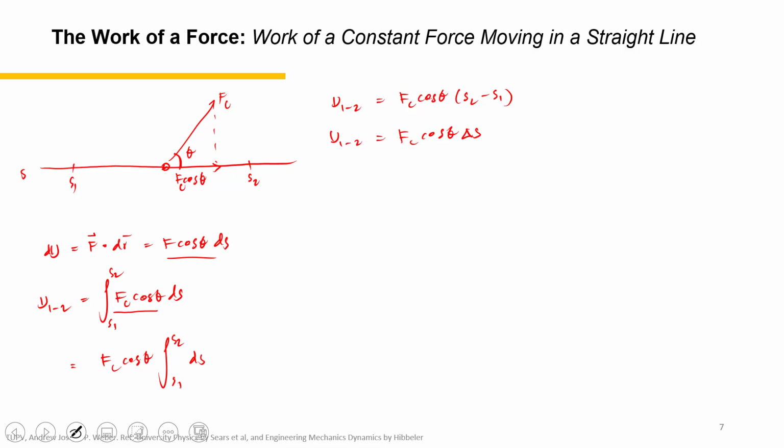We have already seen this one from physics, where we have a component of a force multiplied by the displacement. So this is the equation for the case of the work of a constant force.